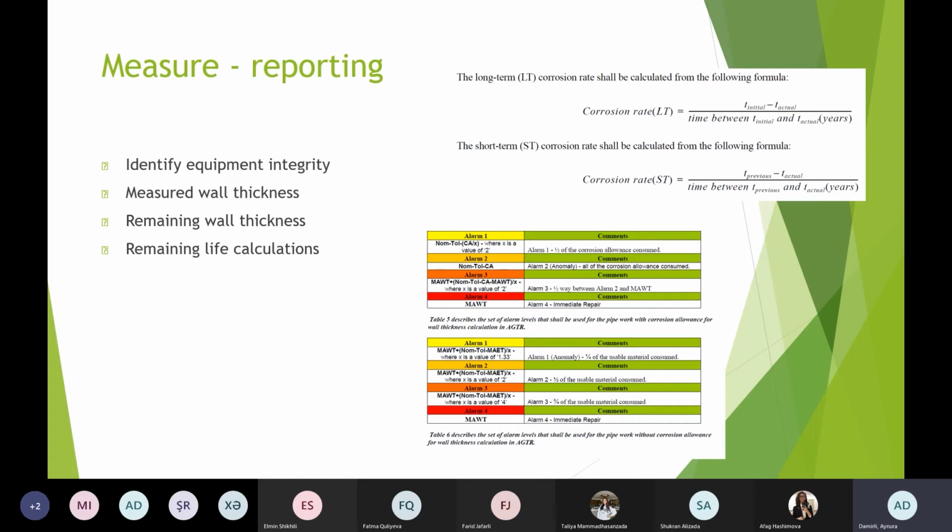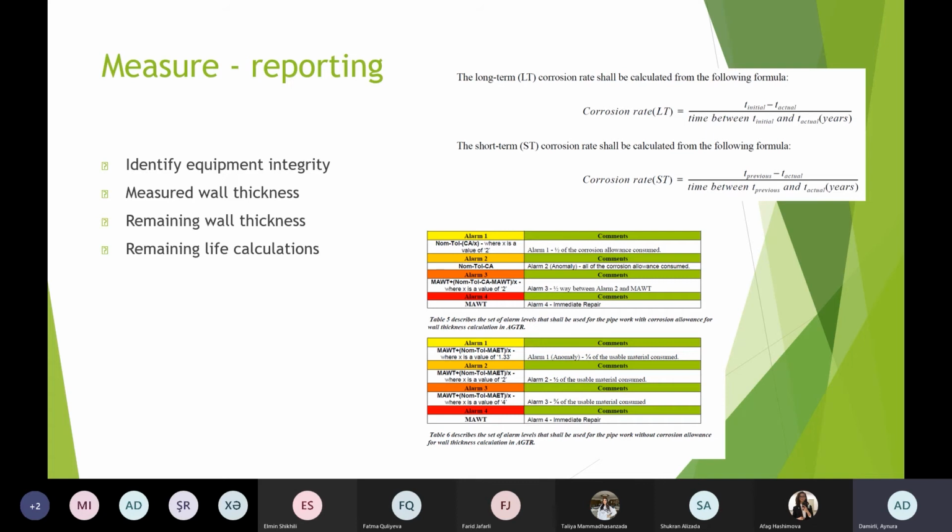Within alarm 1 and alarm 2, we are not doing any repair or any actions, because it's just 1.5 or 3 millimeter loss currently, and we're just monitoring the equipment.